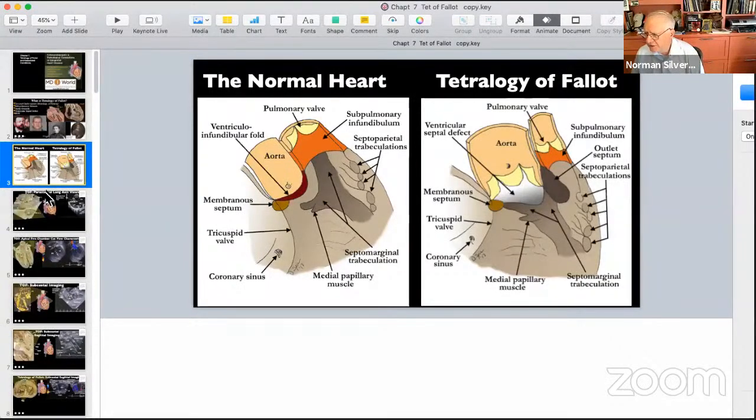The essential feature is that the membranous septum is closed by tubercles that occur on the primitive AV canal, the primitive AV valve, and also by an extension of tissue from the outlet septum, okay?